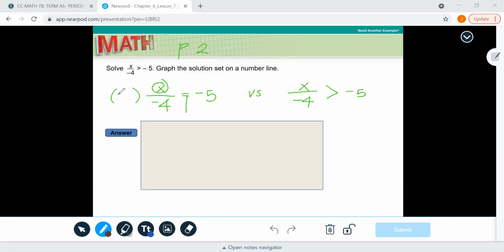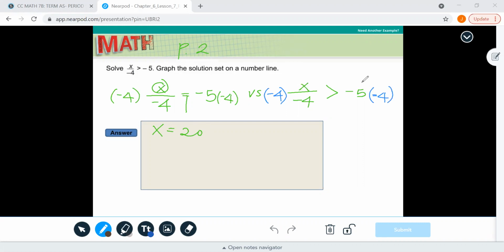So we're gonna multiply by -4 on each side. And X gives you 20, right? So here we're gonna solve this inequality the same way you just solved the equation. So multiply by -4. Remember the special rule.